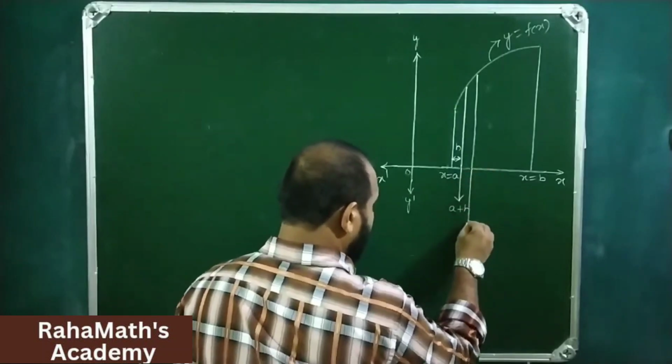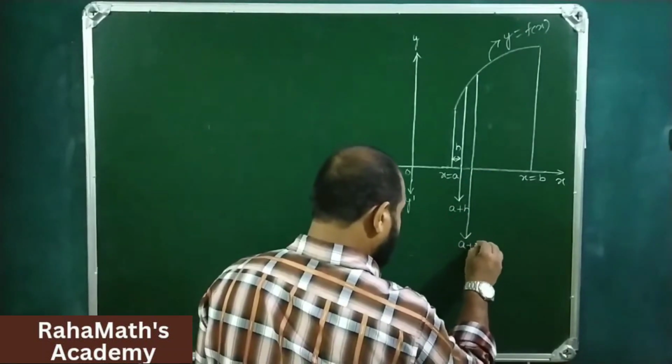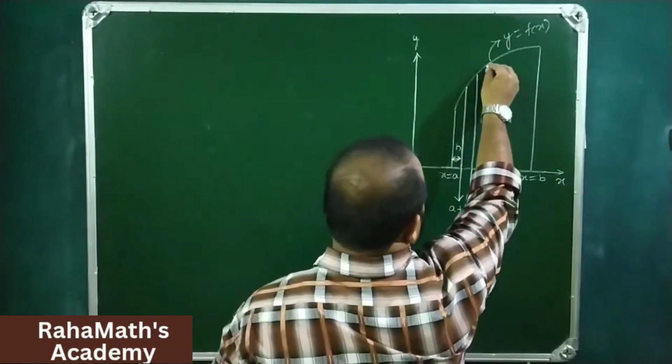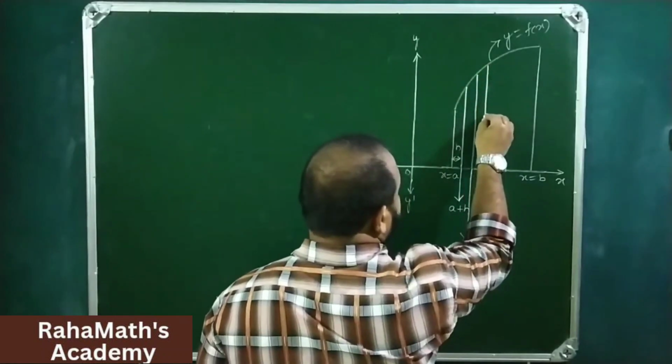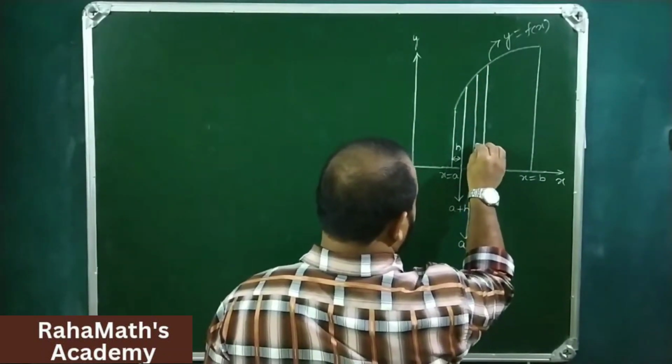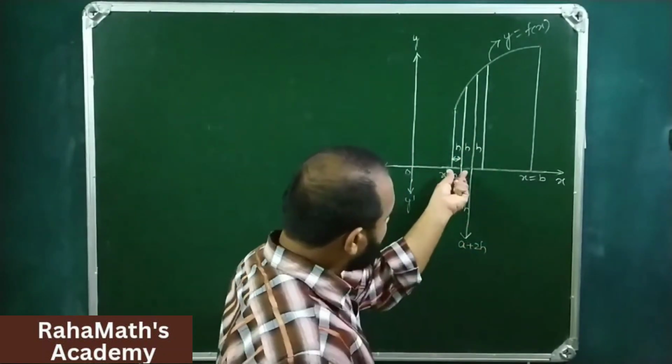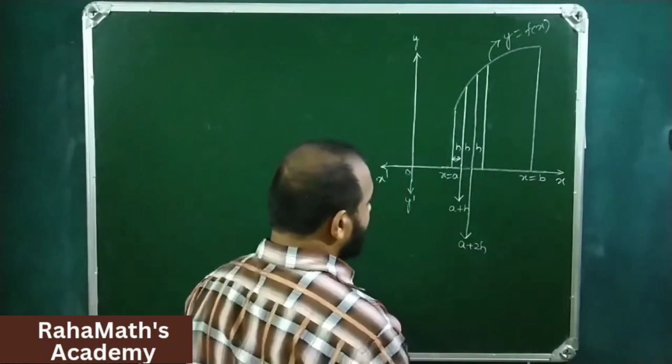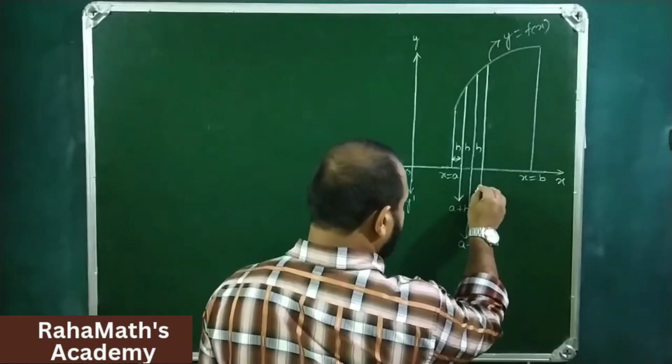And the further one, each having the width h. This width is how much? h, so this is a plus 3h.